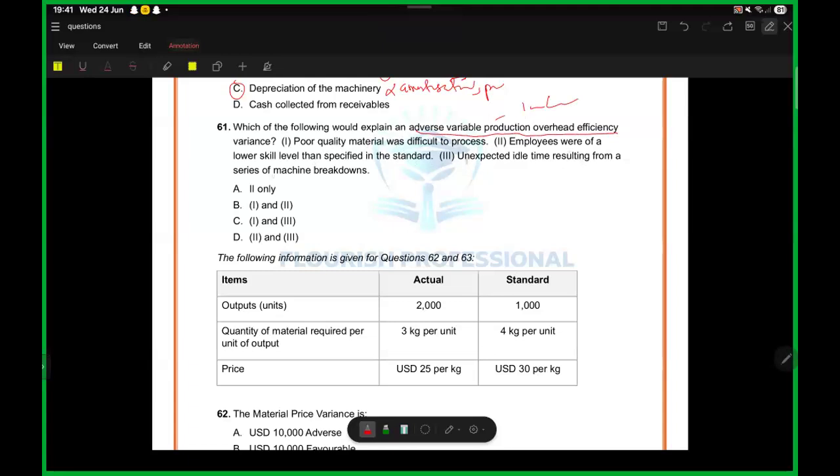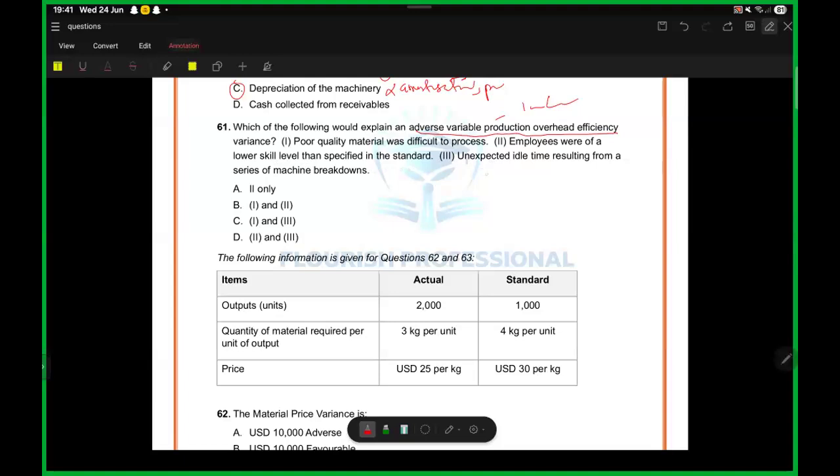Two, employees were of a lower skill level than expected in the standard. What will bring a negative is that employees could be having a lower skill, because mostly we don't employ skilled labor, we employ unskilled labor. So it could be that the unskilled labor do not have the competence to do the work. That's why we are having negative.